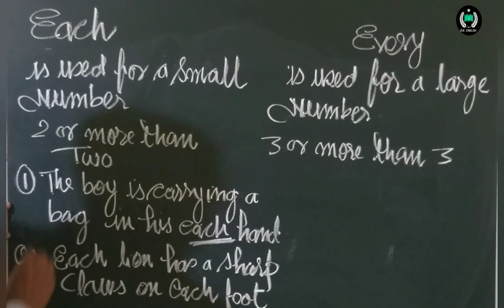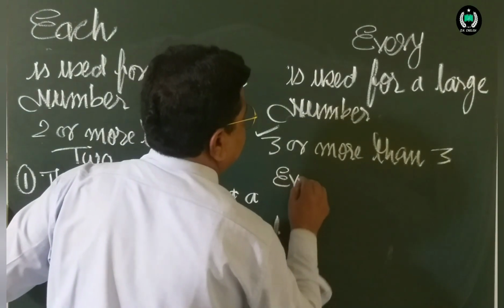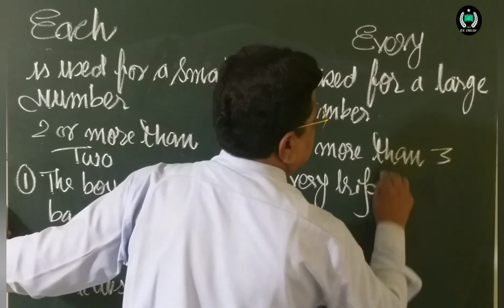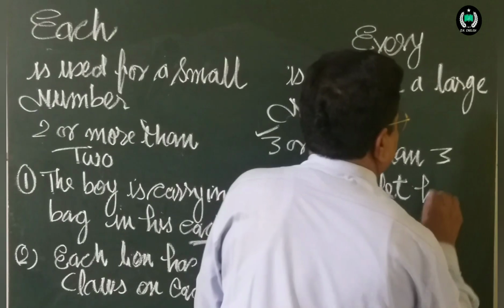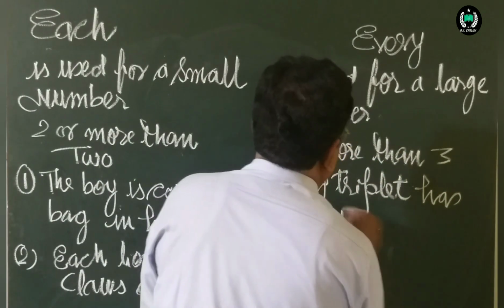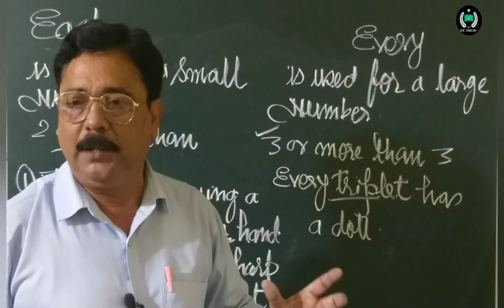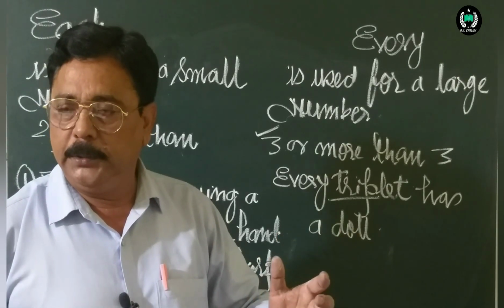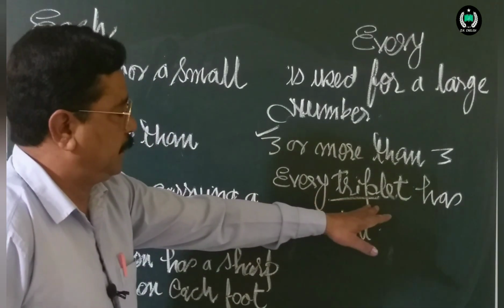For two, very simple. For three, suppose: Every triplet has a doll. Every triplet, when three children are born from the same pregnancy, that is called a triplet.